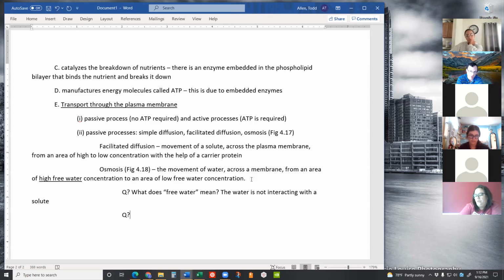If it interacts with solute, the water is no longer free. Water is polar.